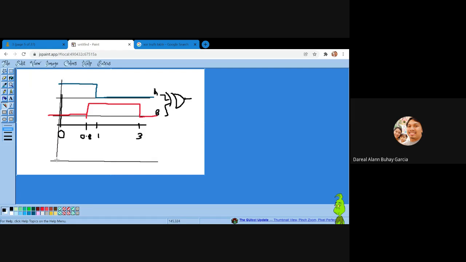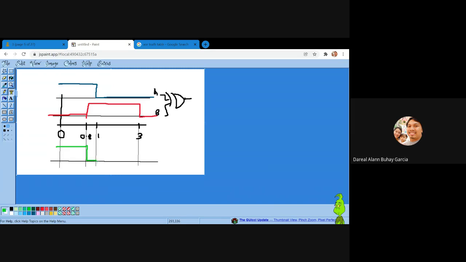Let's list the critical points. Before 0, low. After 0, high. From 0 to 1, high sila doon, so low.